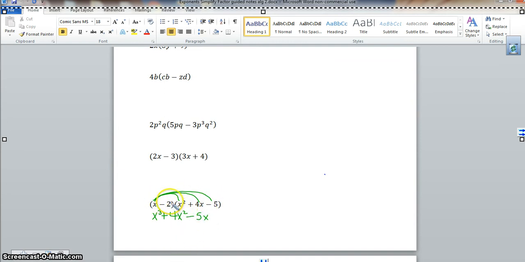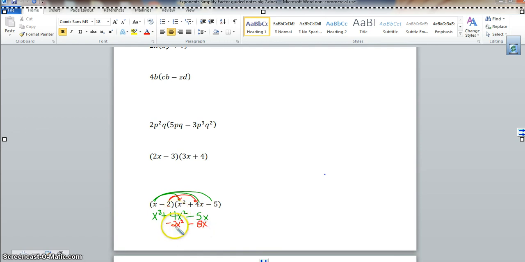And then we're going to do the negative 2 to everything. So negative 2 times x squared. Negative 2 times 4x. It's negative 8x.